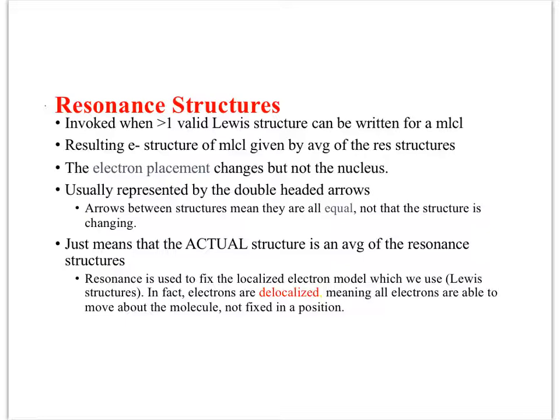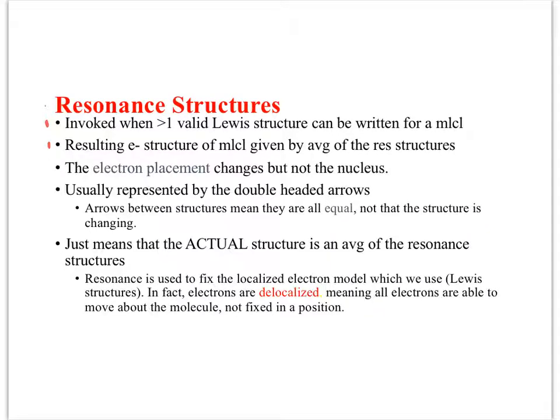Okay, so a resonance structure is invoked when there's more than one valid Lewis structure that can be made for a molecule, and this is the case for a lot of polyatomic ions. The resulting electron structure of the molecule, the real structure, is given by the average of the 3.